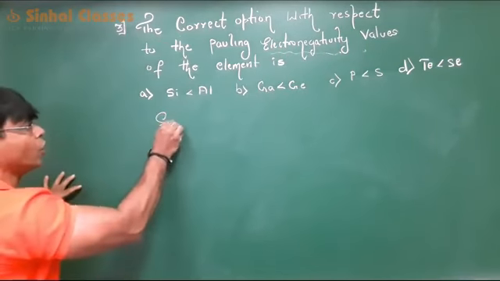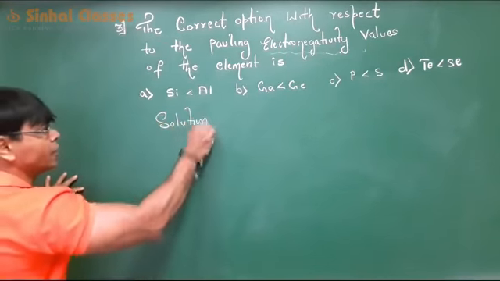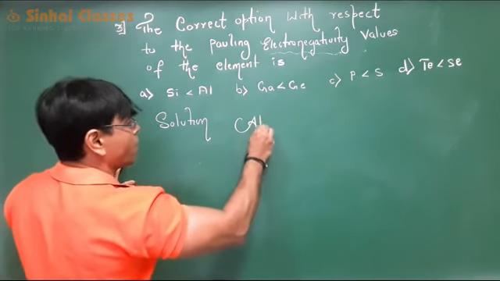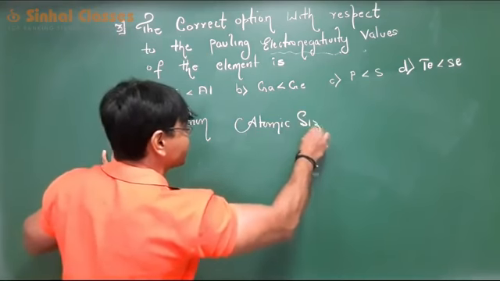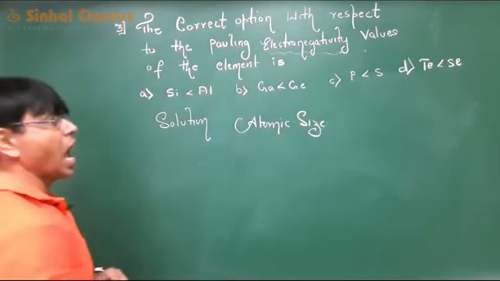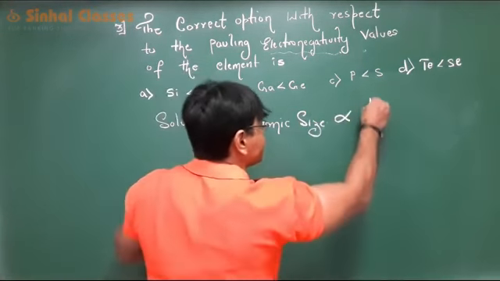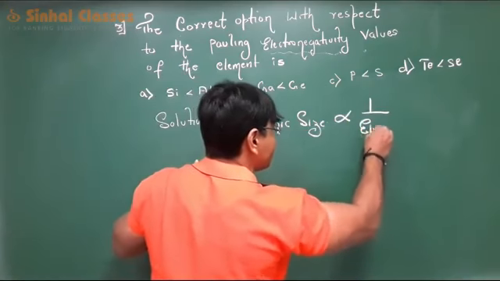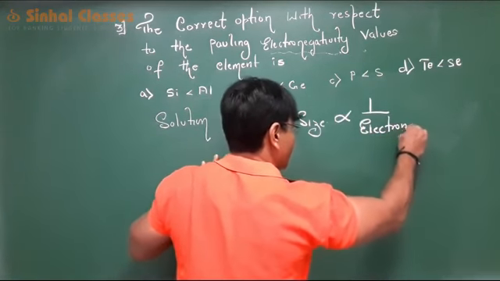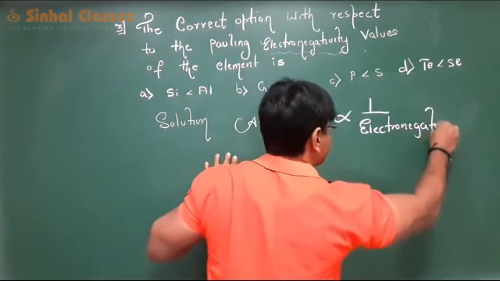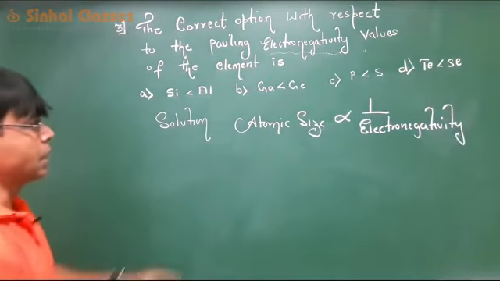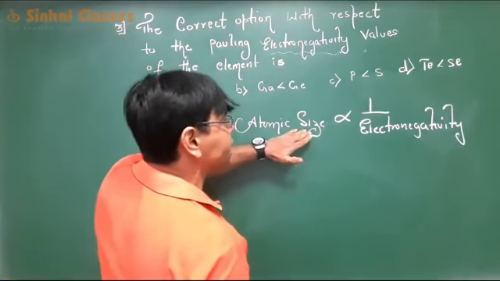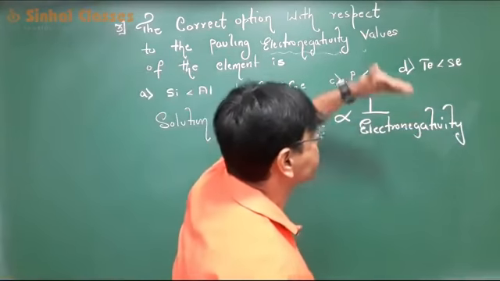We all know that atomic size and electronegativity are inversely proportional. That means as the size decreases, electronegativity should increase.